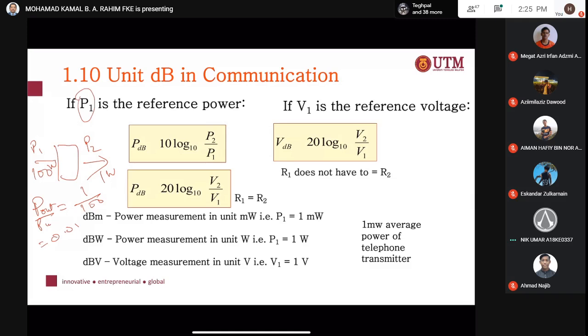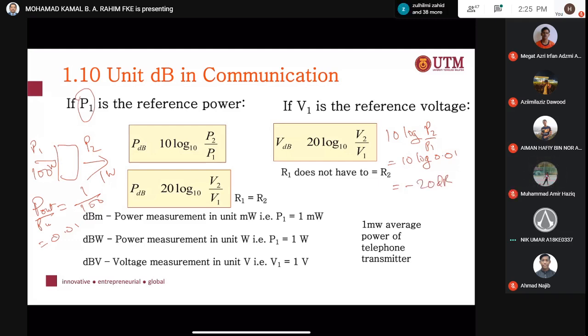But if you are going to take it in terms of dB, you have to put 10 log P2 over P1 here. So you have 10 log of 0.01. What is this value that you get? Can anybody give me the answer? Negative 20.